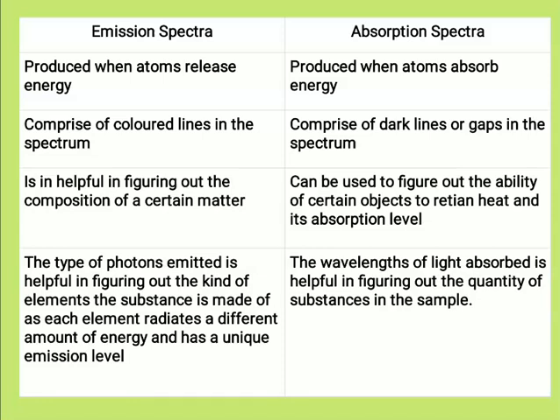Number four, the type of photons emitted is helpful in figuring out the kind of elements and substances something is made of, as each element radiates a different amount of energy and has a unique emission level. But the wavelength of light absorbed is helpful in figuring out the quantity of substances in the particular sample.